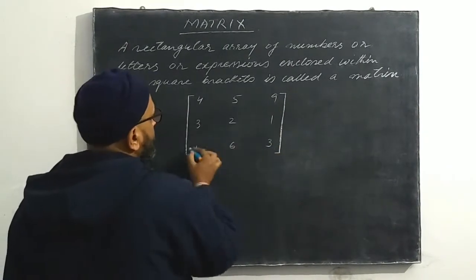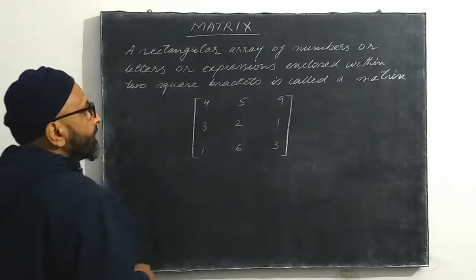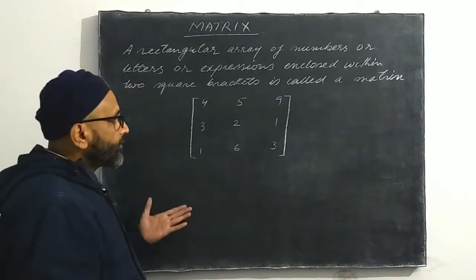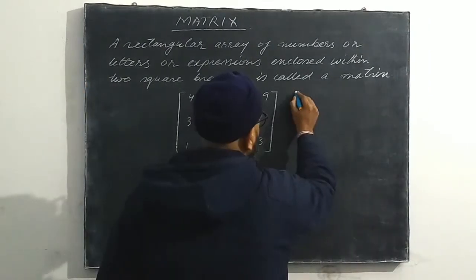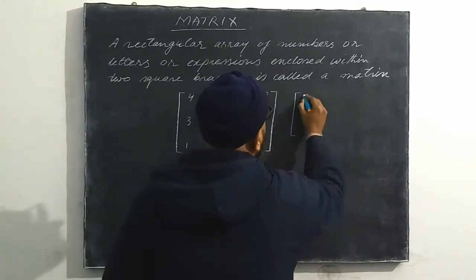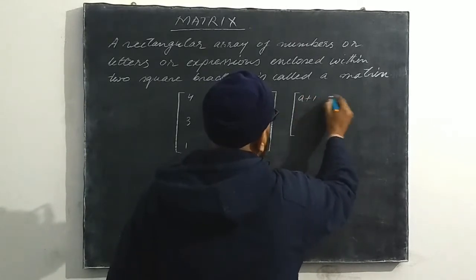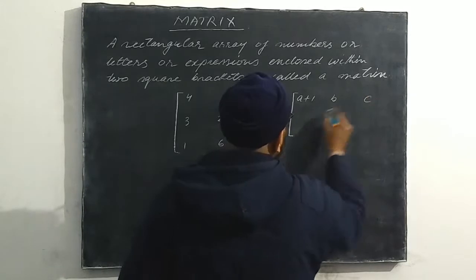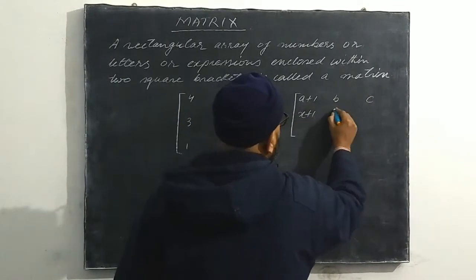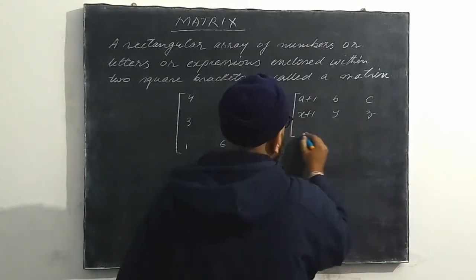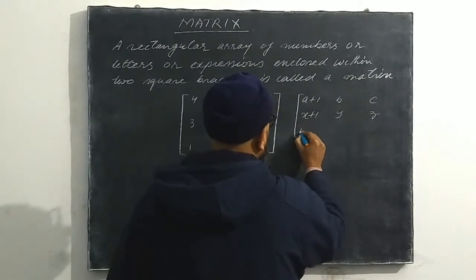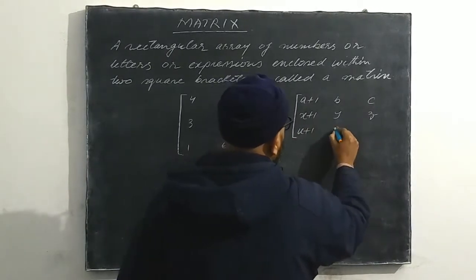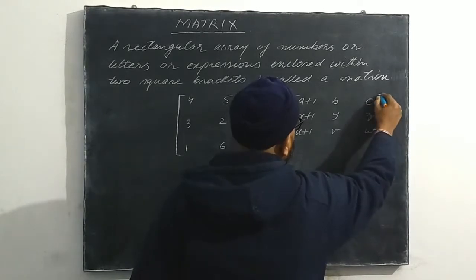So this is called a rectangular array of numbers. In the same way, we may write the rectangular array of letters like A plus 1, B, C, X plus 1, Y, Z, and U plus 1, V, W.